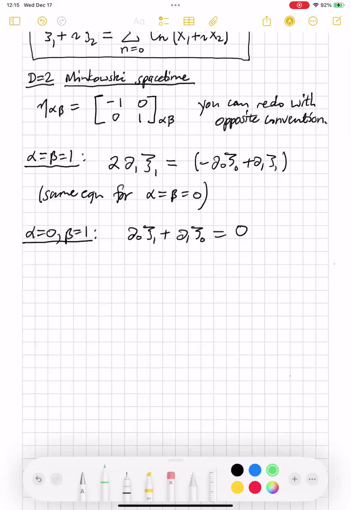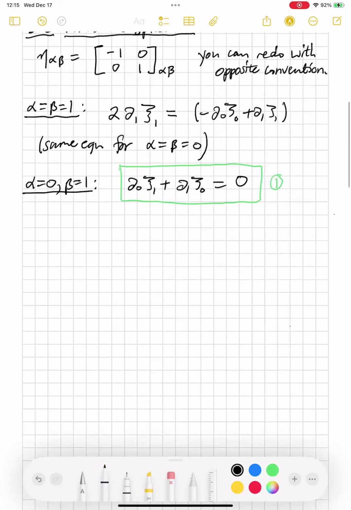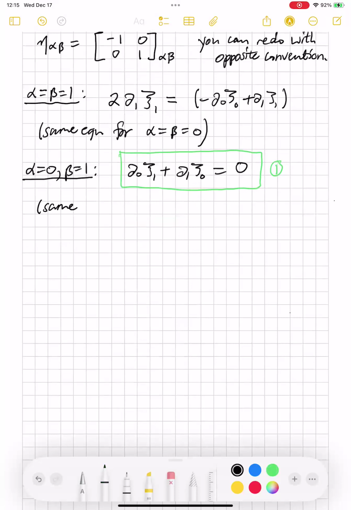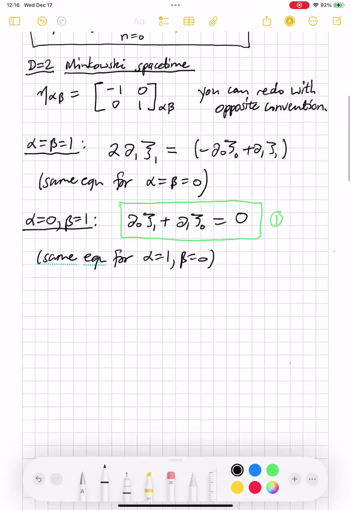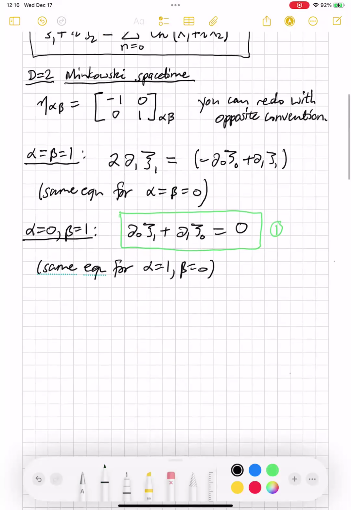So that's what the conformal Killing equation looks like. Let me just box these two equations, and I will give them both numbers. So let's call this equation number 1. And I'll just make a note: you get the same equation for alpha is equal to 1 and beta is equal to 0. And then instead of using the upper boxed green equation, let me just simplify this a little bit. I'll put all of the terms on one side.